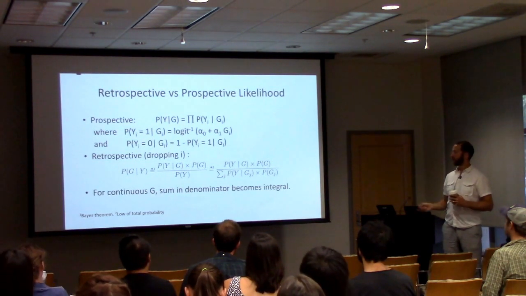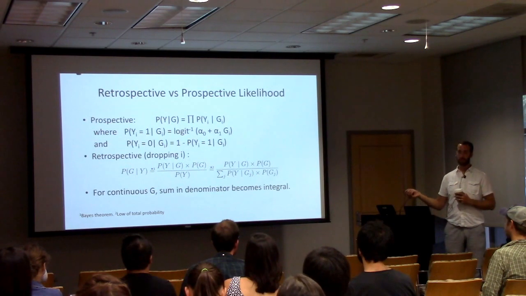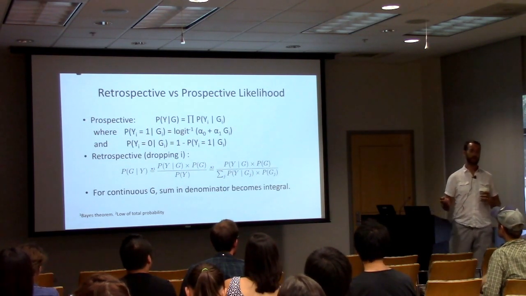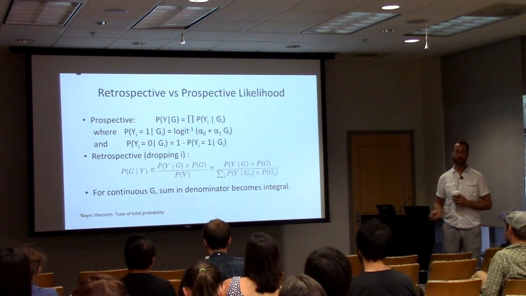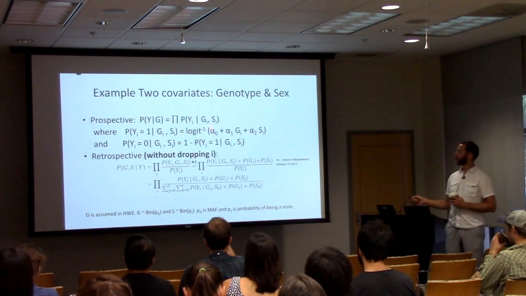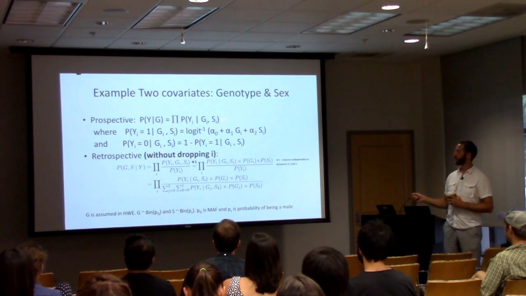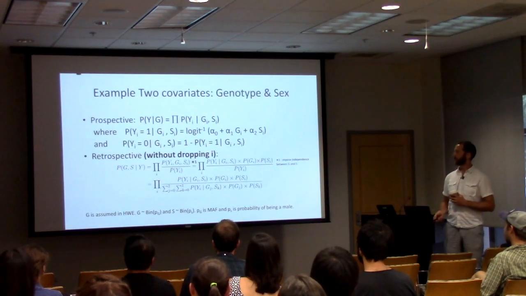In the case of a single covariate, when we're just looking at G, this has no effect, really. I can do prospective or retrospective, and there's very little that happens. But if we go back to this 2 covariate case where I have both genotype and sex, I can also think about a retrospective likelihood.